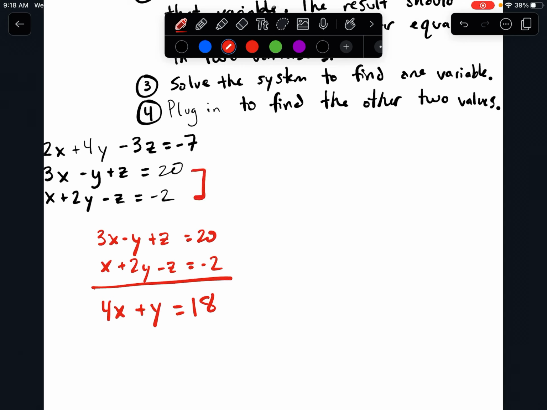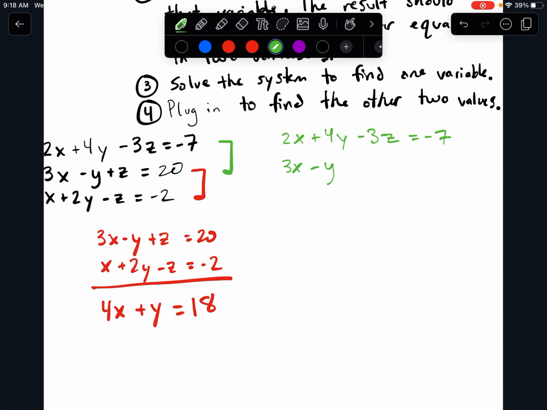Now I'm going to pick 2 other equations, all right? Again, I want it to be easy to eliminate the letter z. So I'm going to pick the first and the second ones. And I notice that right now the z's would not eliminate. So I'm going to have to multiply this second equation by positive 3. So we're going to take that 2x plus 4y minus 3z equals negative 7.